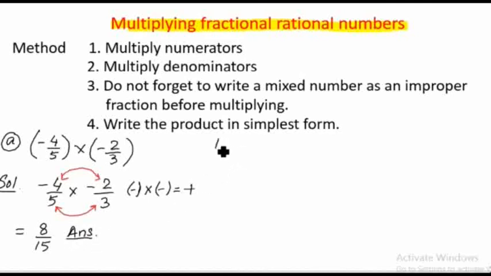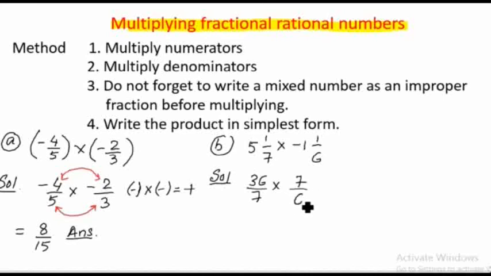Now let's see another example. Another example is 5 1 by 7 into minus 1 1 by 6. So first convert this into improper. So 5 into 7 is 35. 35 plus 1 is 36 upon 7 into, in same way 1 into 6 is 6. 6 plus 1 is 7 upon 6.